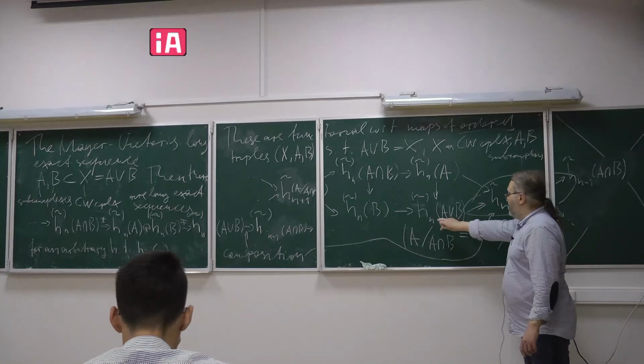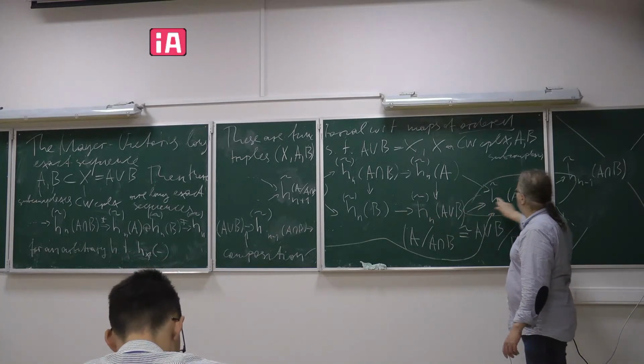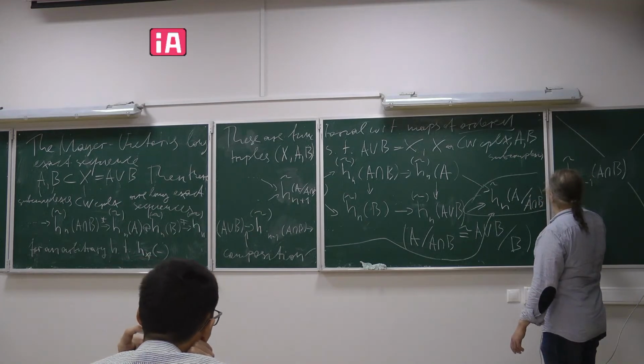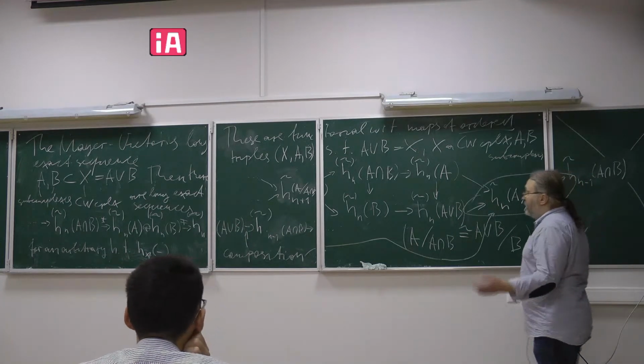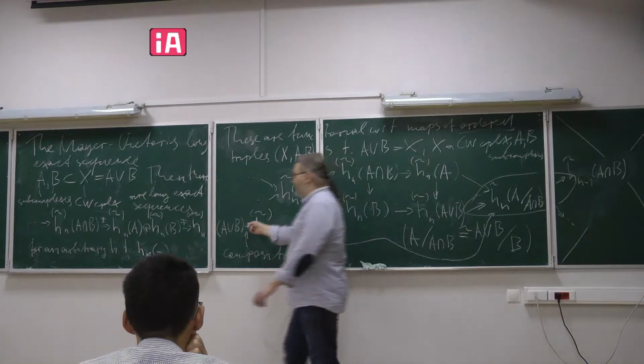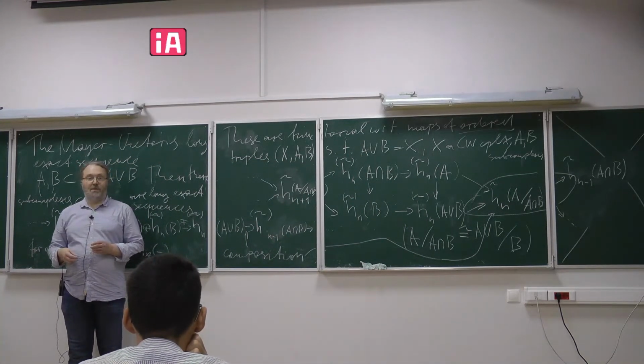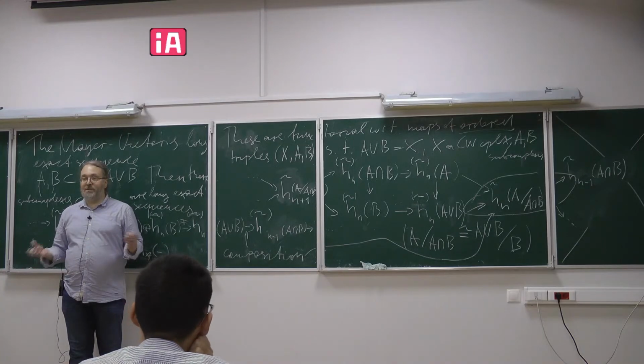We have a map from here to here. We compose it from here to here, with a map from here to here, and we get this map. Does this make sense?